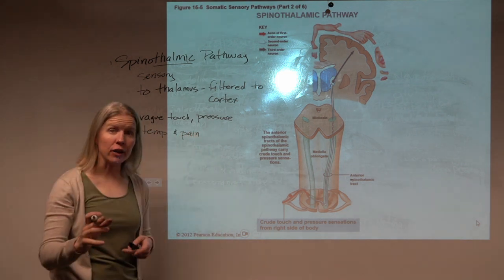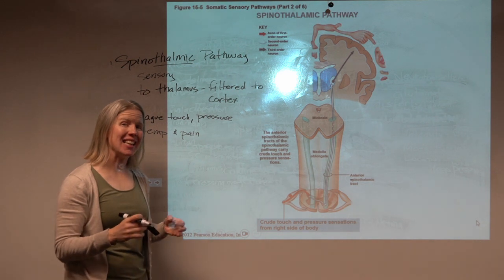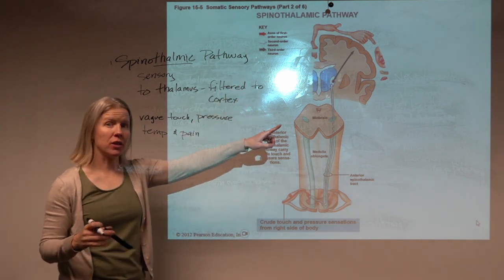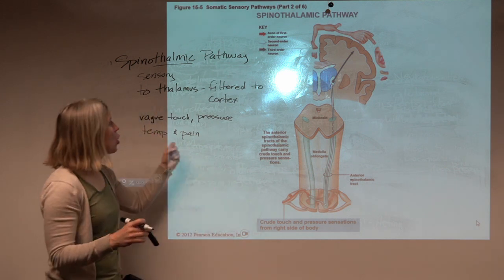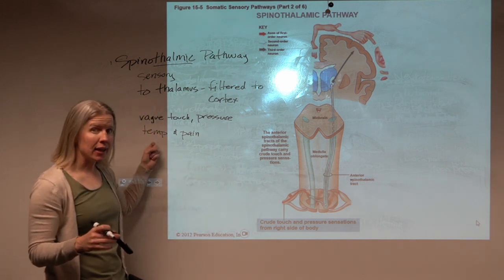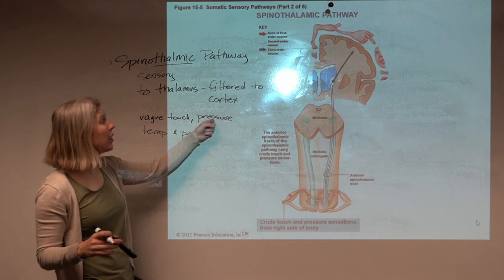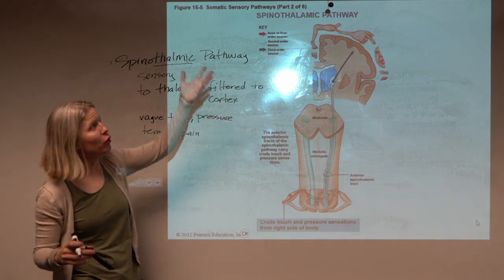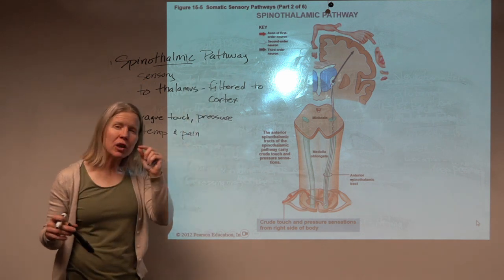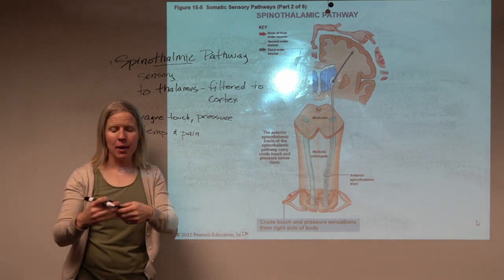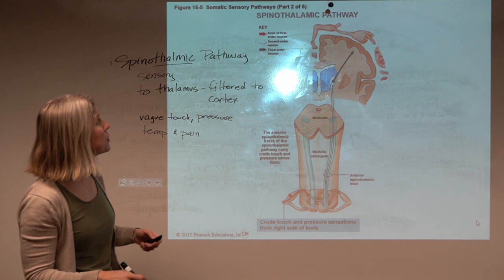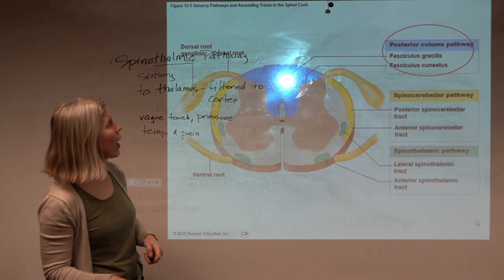Okay, and again, recall this idea that where it lands on the cortex tells us where it came from in the body, which labeled line it comes in on tells us which of these is being felt at your big toe, and the frequency of the action potential tells us how intense that particular stimulus was. Okay, so that's the spinothalamic tract.